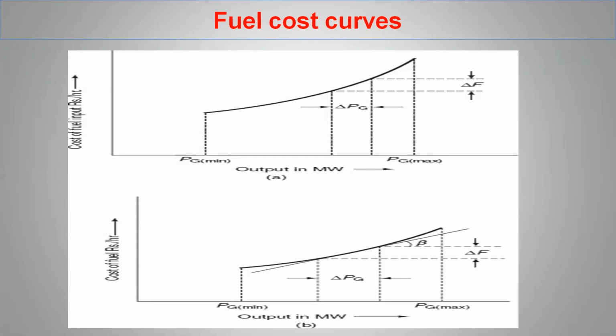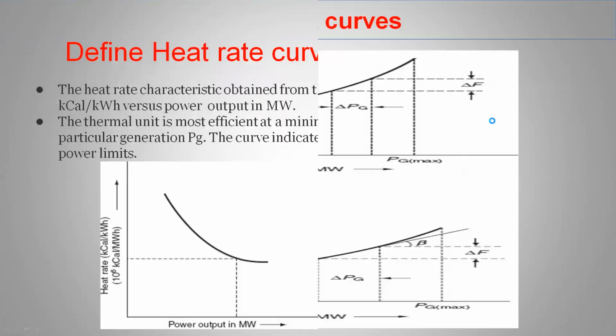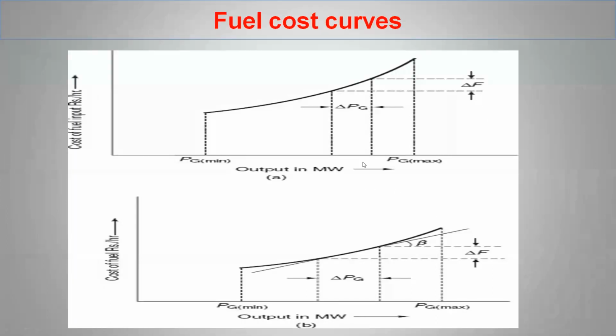The small change in the input is delta F. The small change in the output is delta PG, power generation. So delta F by delta PG. This is the incremental fuel cost curve. All of you clear on this incremental fuel cost?